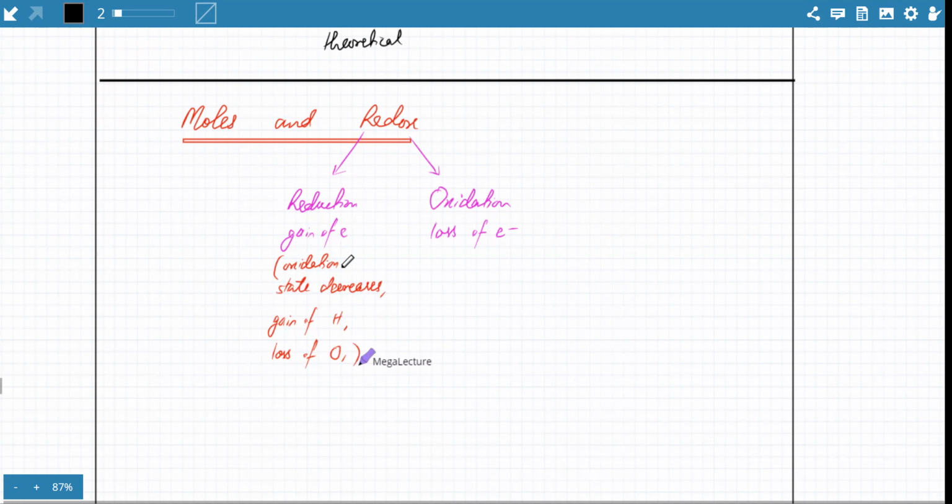So oxidation state is the most appropriate one to apply. And oxidation will be the opposite, vice versa. Okay, it's going to be oxidation state increases and there's going to be a gain of oxygen and a loss of hydrogen.